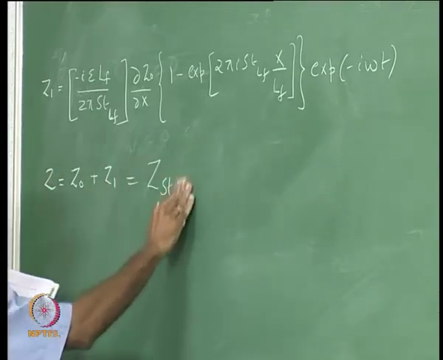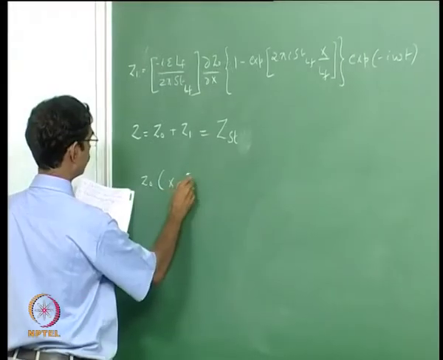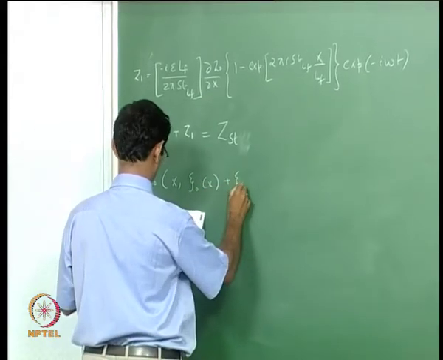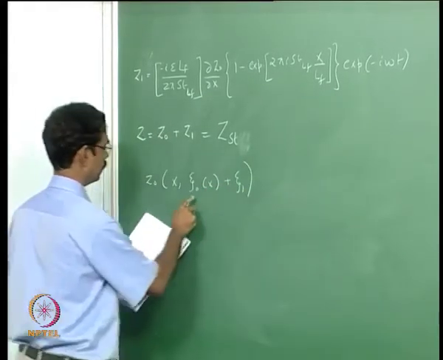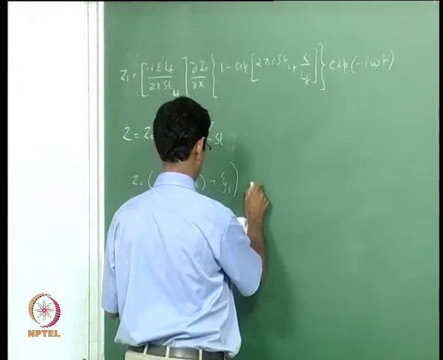That is stoichiometric. So this can be recast as psi naught, the flame position of the steady flame, and then you perturb it, that is psi 1 plus.